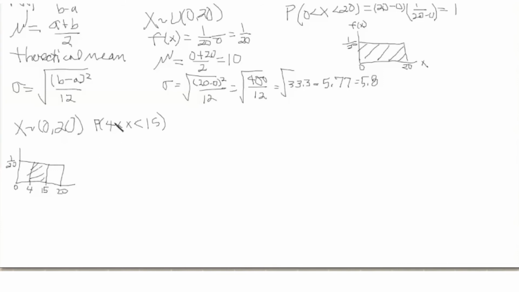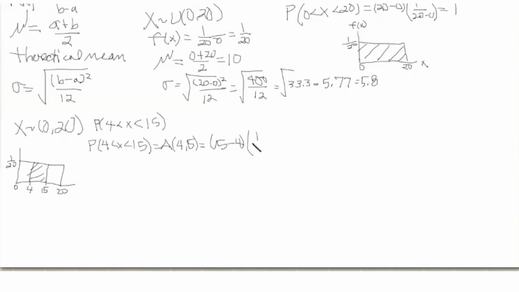So remember, I've got my probability is going to equal the area between 4 and 15. So that means my base is going to be 15 minus 4, but my height is still the line of, so I have a smaller base, but my height is still that same line.